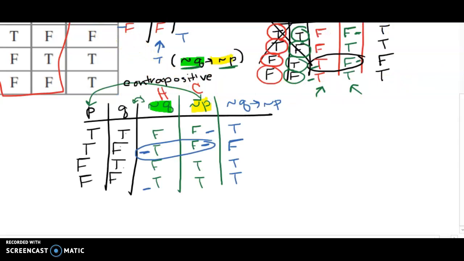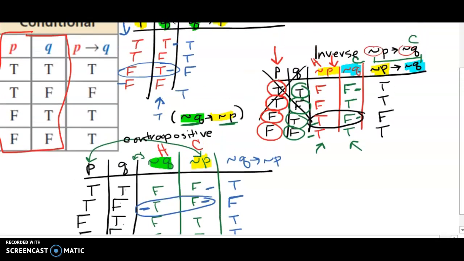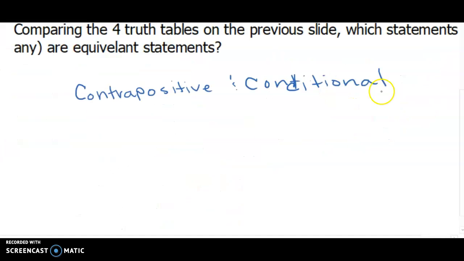Okay, so we have true, false, true, true, and true, false, true, true. And then the inverse and converse, let's scroll up a little bit here, both have true, true, false, true, and true, true, false, true. So the inverse and converse are equivalent statements.